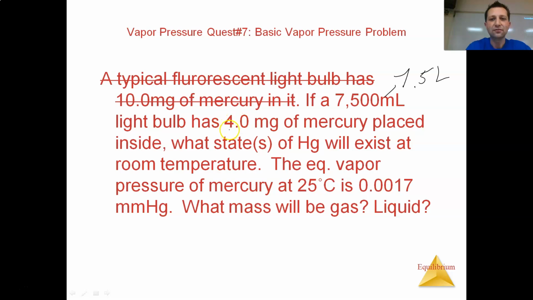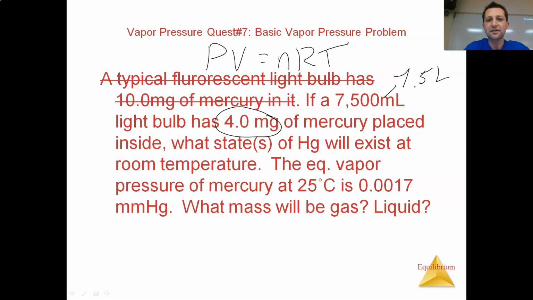You can take the 4 milligrams of mercury and use PV equals nRT. If you haven't picked up on that, we're using this a billion times right now.